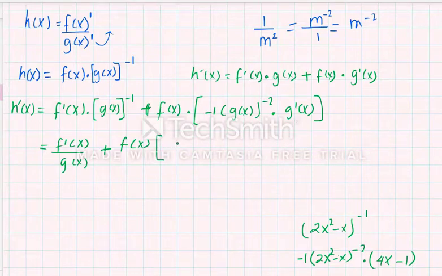So here we have negative g of x to the power of minus 2. And we're going to bring this to the denominator actually because it's the power of minus 2. So we're going to leave the negative on top. So negative 1 stays on top and multiply by g prime of x.